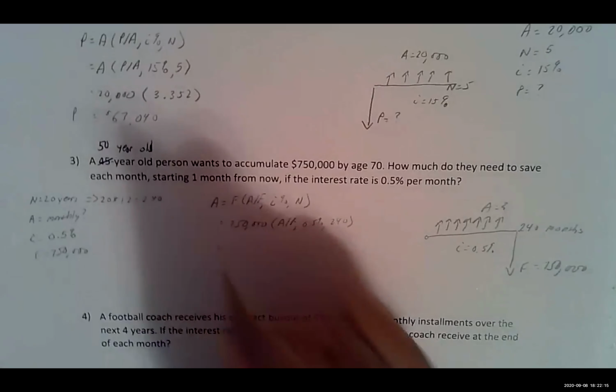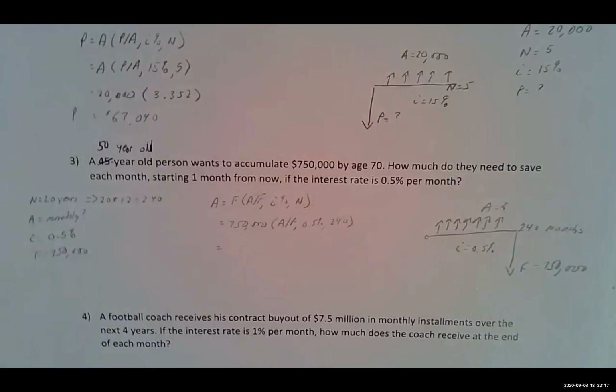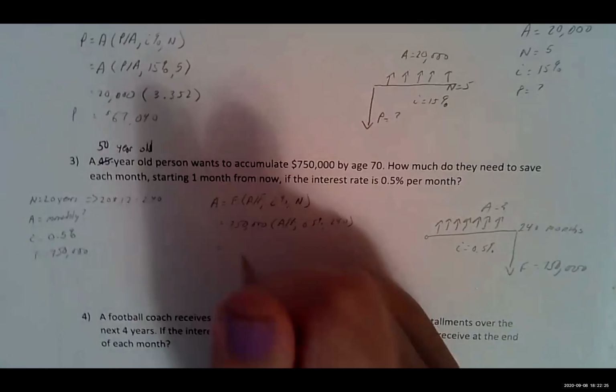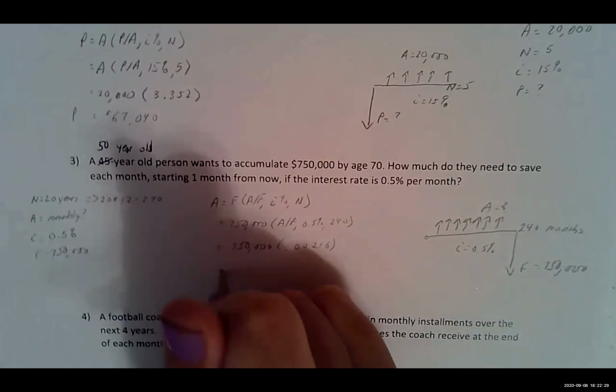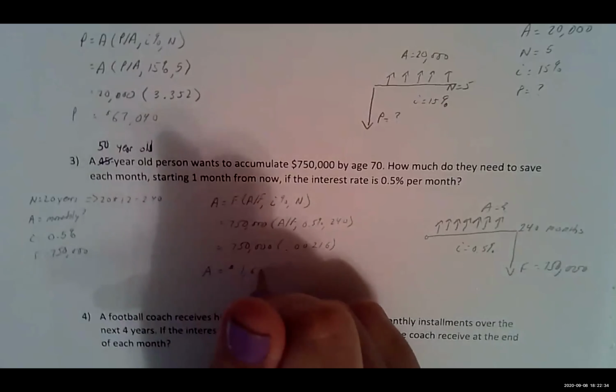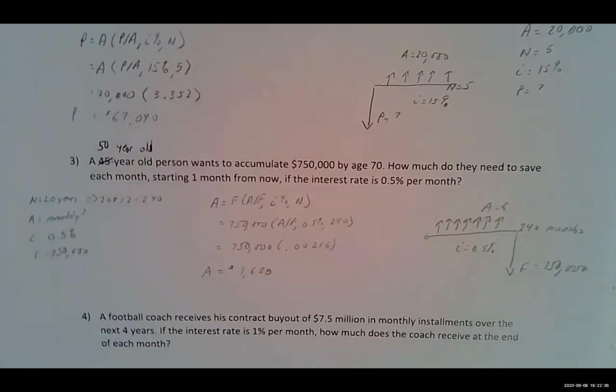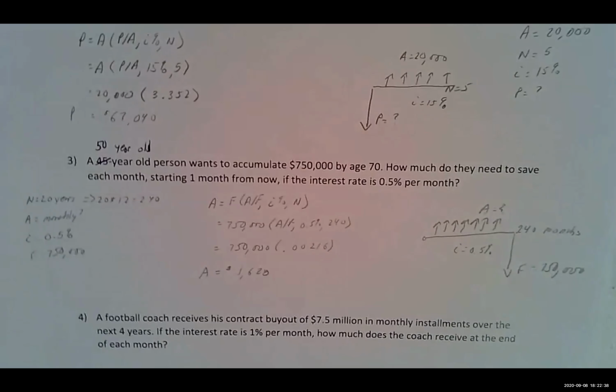And so I looked that up on my compound interest table, and I found that it's 0.00216. And so that means the individual needs to save $1,620 every month.